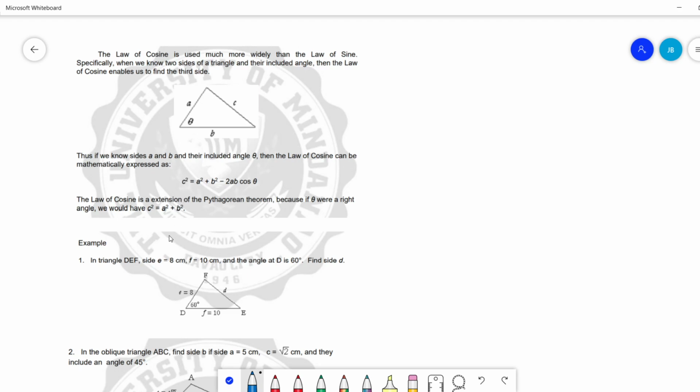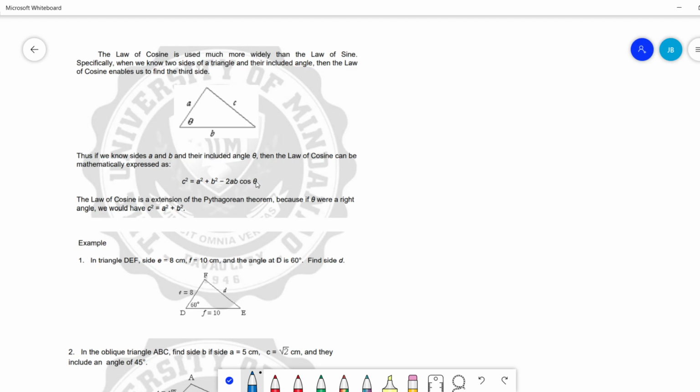The law of cosine is an extension of the Pythagorean theorem because if theta were a right angle, we would have c squared equal to a squared plus b squared. When it's a right angle, cosine of 90 is equal to 0.